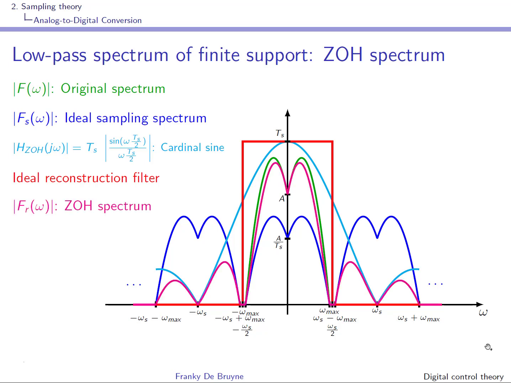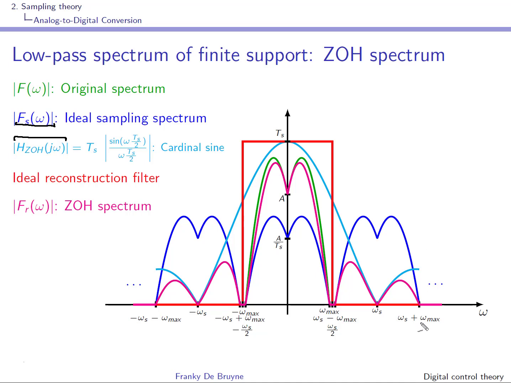And finally we obtain the amplitude spectrum of the reconstructed signal using ZOH reconstruction, and this is simply done by taking this spectrum over here and multiplying it by the spectrum of the cardinal sine. There are two things that we can observe.